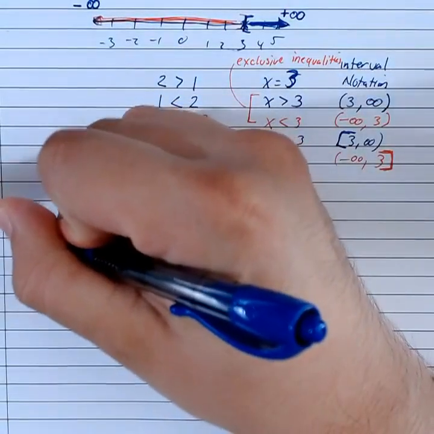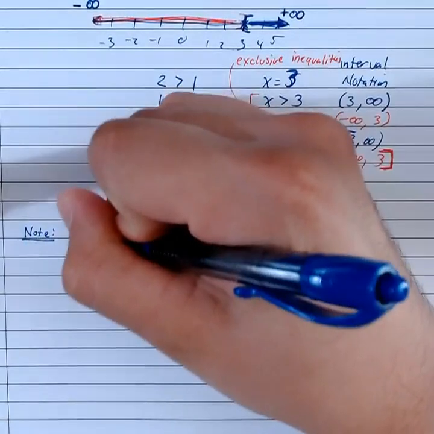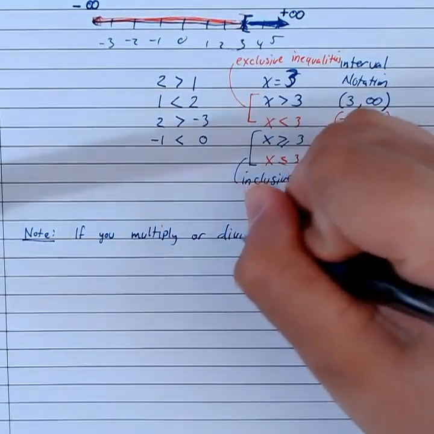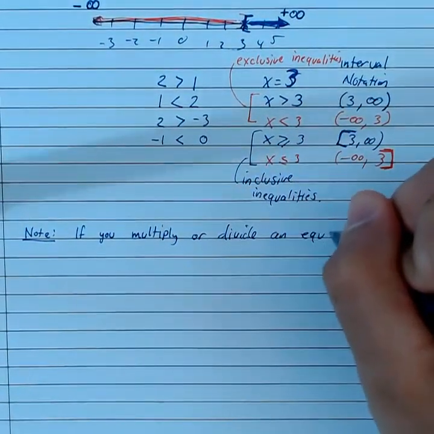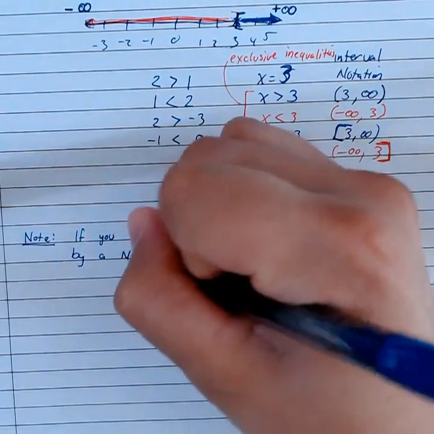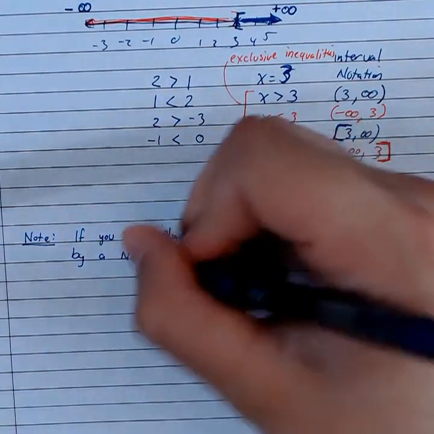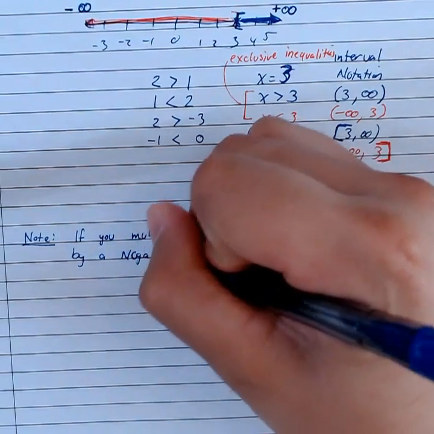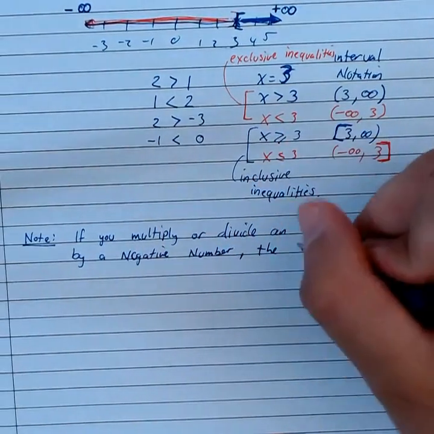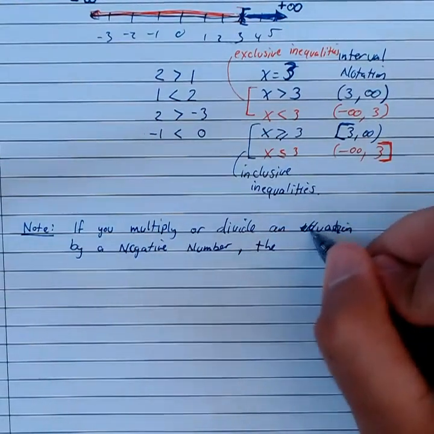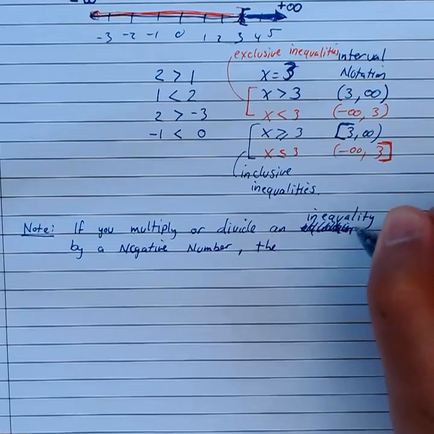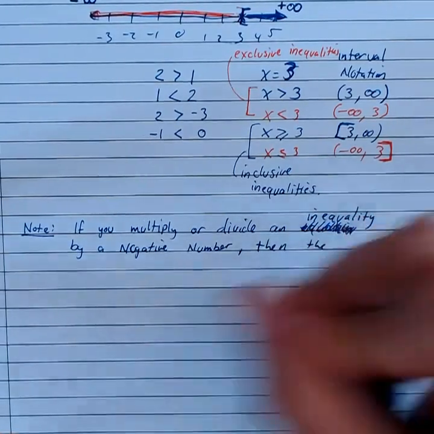The one difference will be, now make a note of this: if you multiply or divide an inequality by a negative number, and it doesn't matter what negative number that is, as long as it's negative, it doesn't have to be -1, then the inequality reverses.